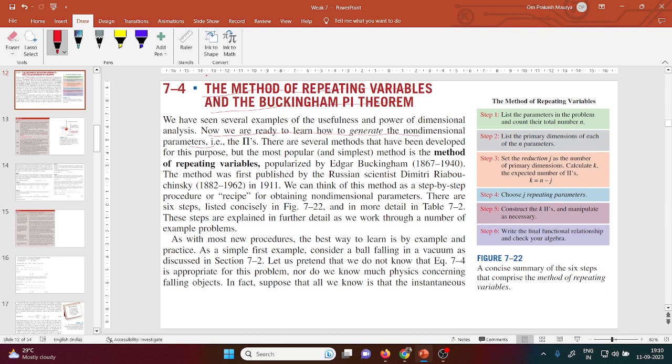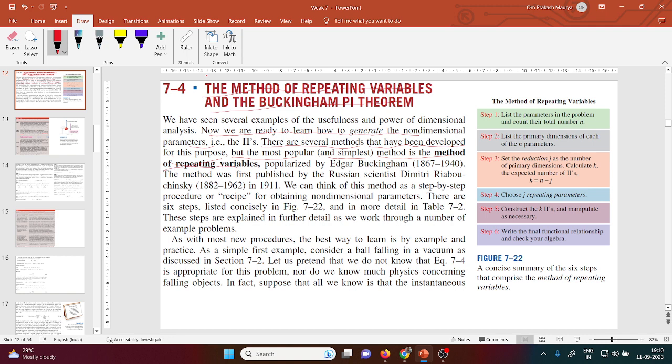There are several methods developed for calculating the non-dimensional parameters, but the most popular as well as simplest method is the method of repeating variables.